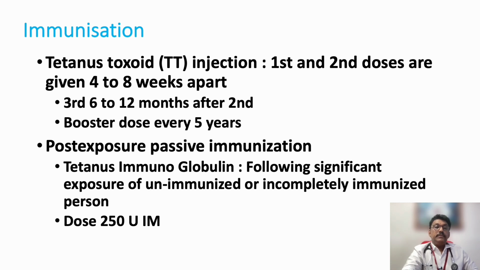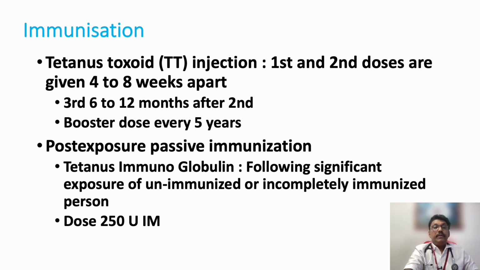Post-exposure passive immunization: tetanus immunoglobulin following sufficient exposure to an unimmunized or incompletely immunized person. Dose is 250 units IM. So post-exposure means whenever we treat a patient with severe trauma or a road traffic accident with heavy skin contamination, we have to give a preventive dose of tetanus immunoglobulin.